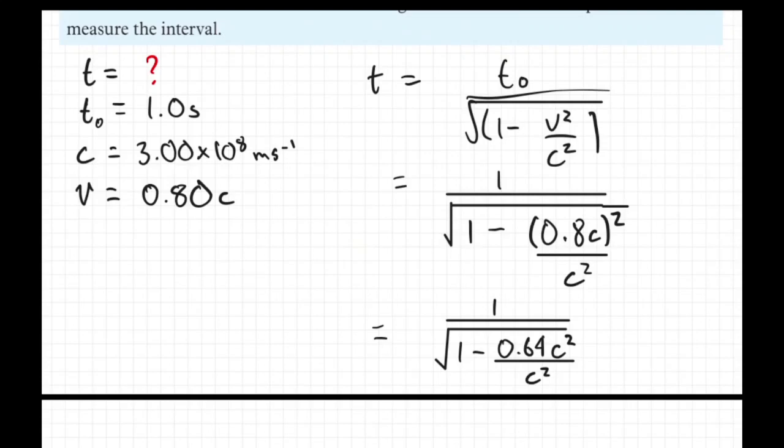They cancel. Consistently, the c's will cancel. 0.8 times 0.8. So the distributive law for squares is it applies to both. 0.8 squared and c squared.